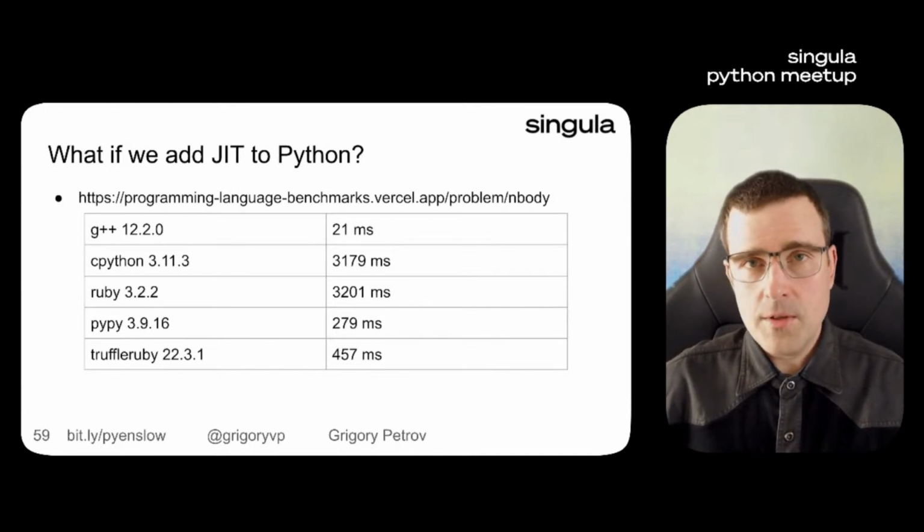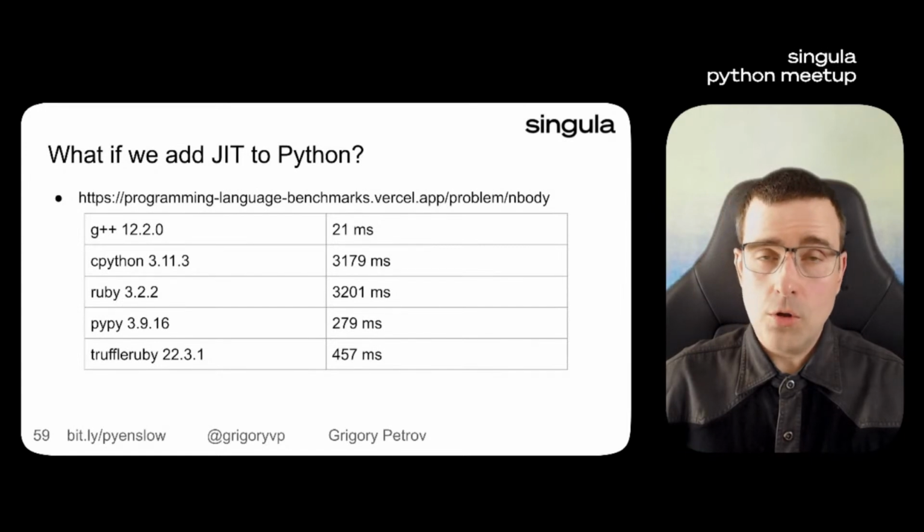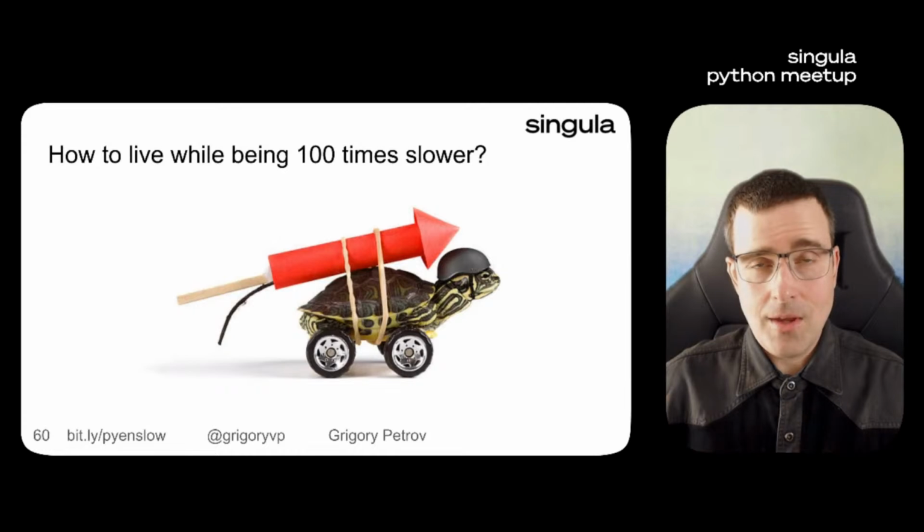So most Python developers prefer not to enable just-in-time compilation and live with a language which is 100 times slower than C++ because of its rich syntax and semantics.